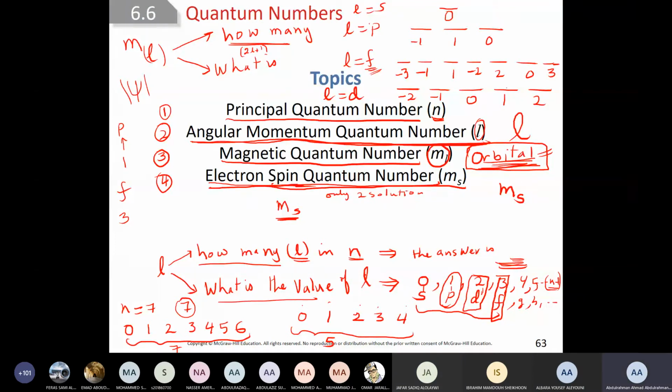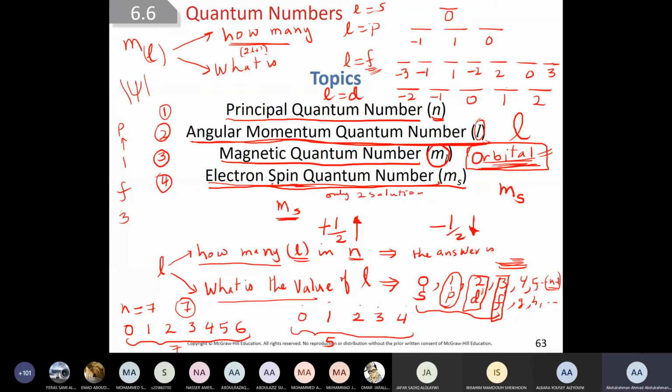What are these solutions? Plus half and minus half. How do you represent it? By arrows. Arrow going up means plus half, and arrow going down means minus half.